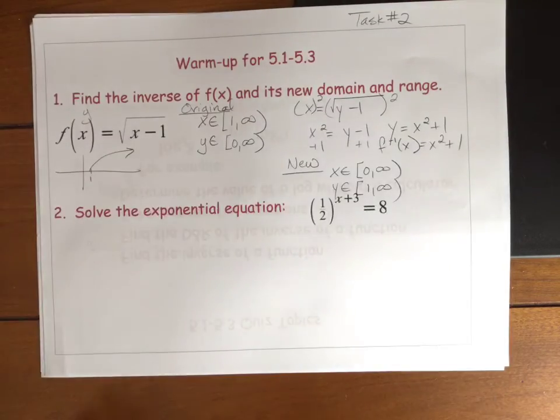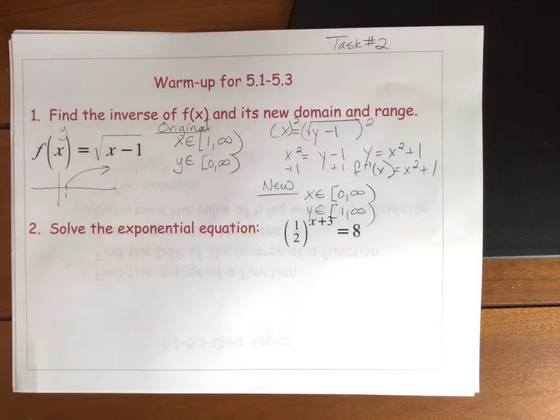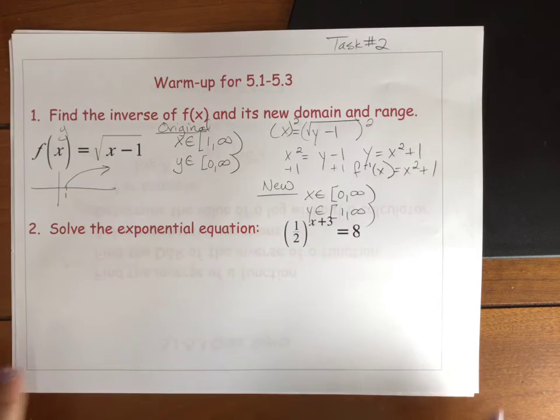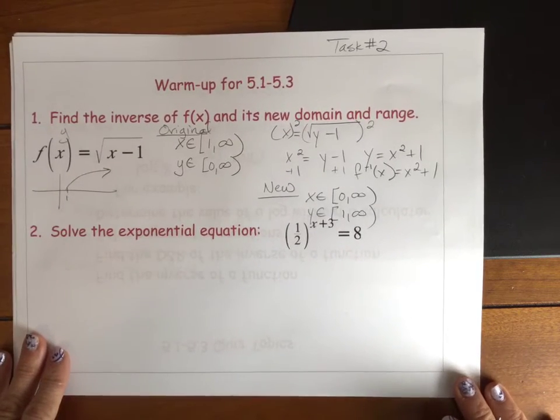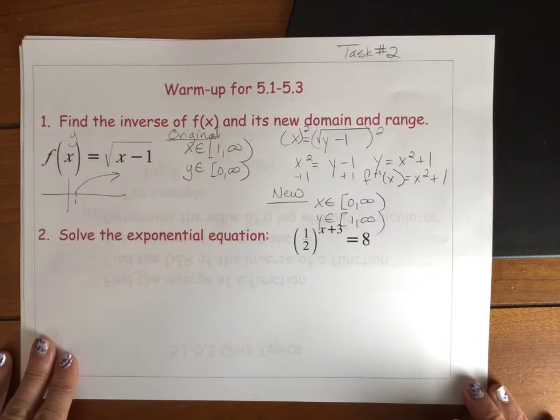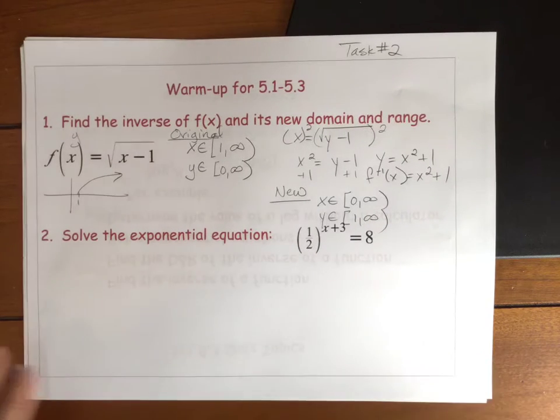I just flipped those two, and this is the domain and range of my inverse. All right, if you need to, go ahead and pause and finish taking notes on that. I think that's the one advantage of these videos, that you can pause and see the screen and get everything down before you move on.